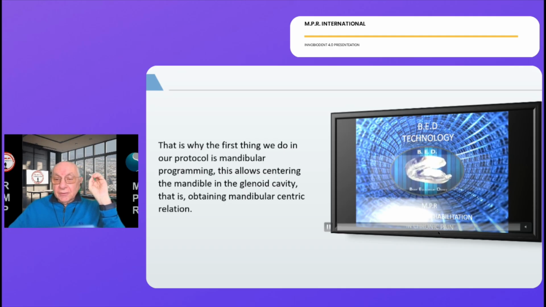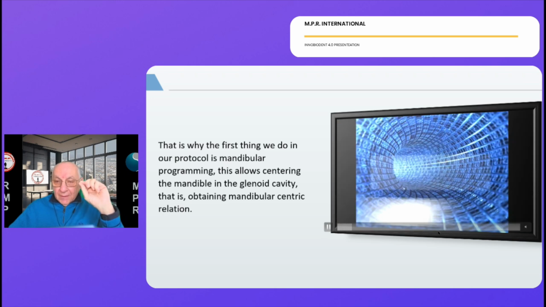This is not a forced mechanical position, but a neuromuscularly supported one, where the condyles are seated symmetrically and physiologically in their most stable articular position.